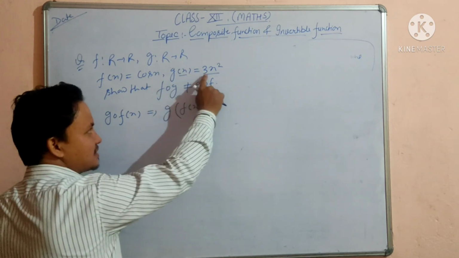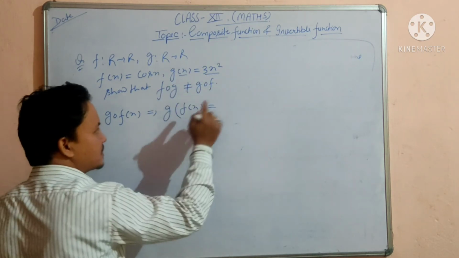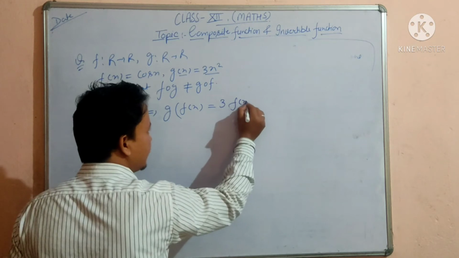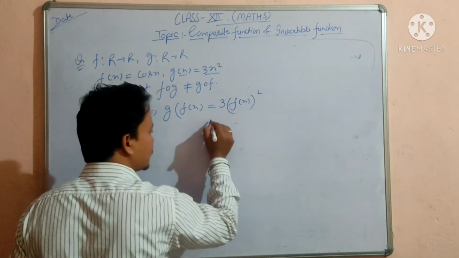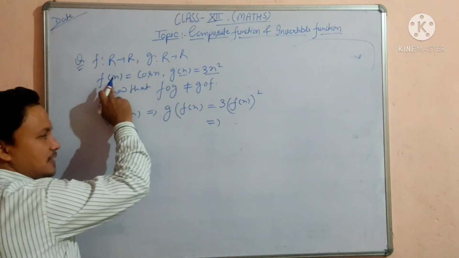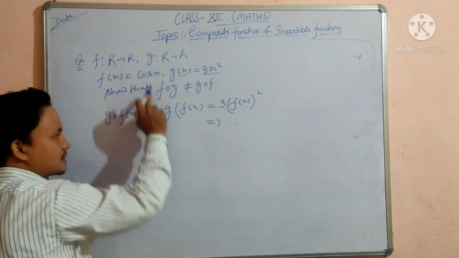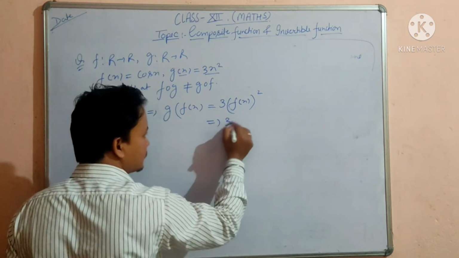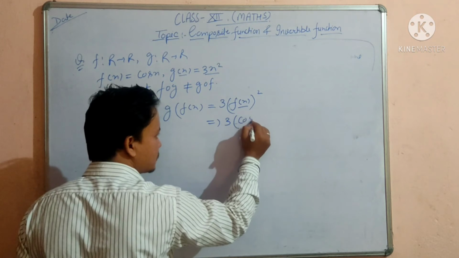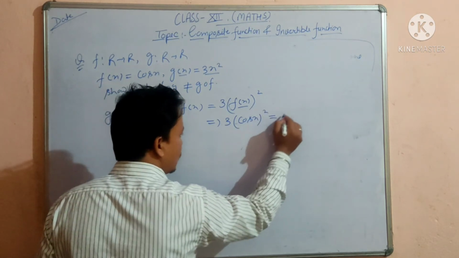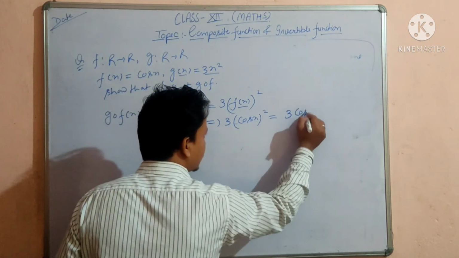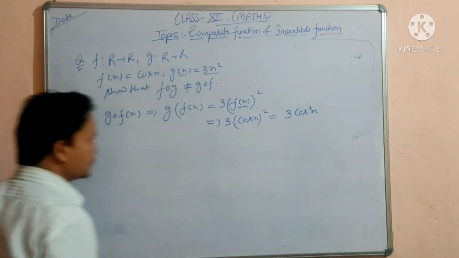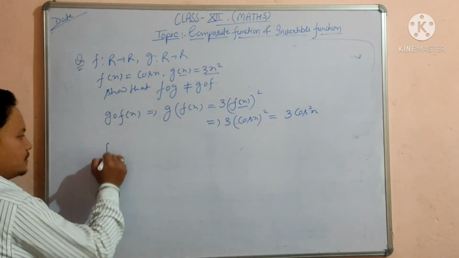So g of f(x) will be 3 times f(x) whole square. f(x) is equal to cos x, so this will be 3 times cos x whole square, or we can say 3 cos square x. This is GOF. Now we will talk about FOG.